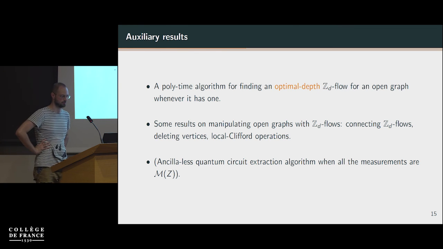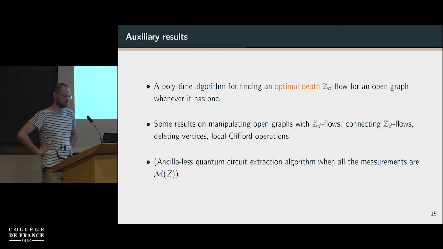And this is interesting because essentially, if we want to obtain a circuit that implements the same operation as the isometry which is implemented by a measurement pattern, then all of the extraction algorithms go via these local Clifford operations.